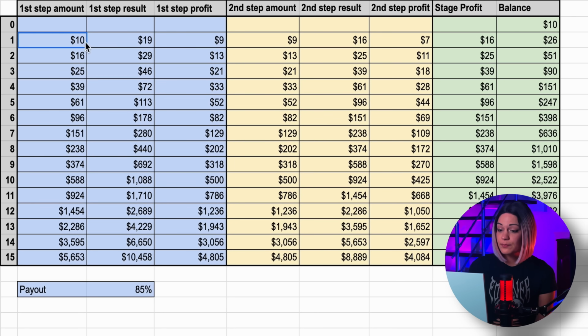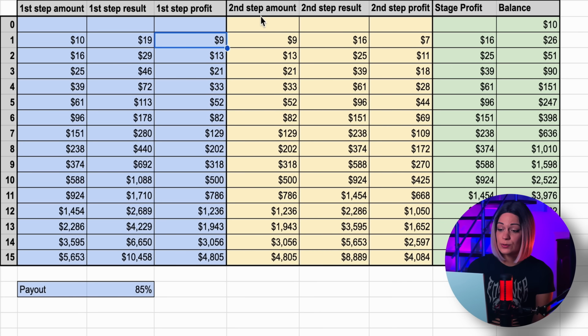If we're winning, closing it in black, the result is going to be $19. It's going to be like 18.5 because I have the payout of 85%, like the middle grounds, but the table is kind of rounding it. It's 19. So we got the first deal and result is $19, so the profit is going to be $9.